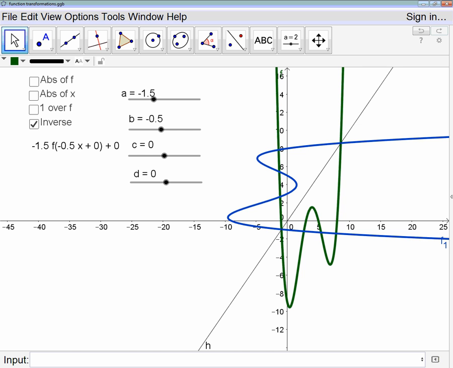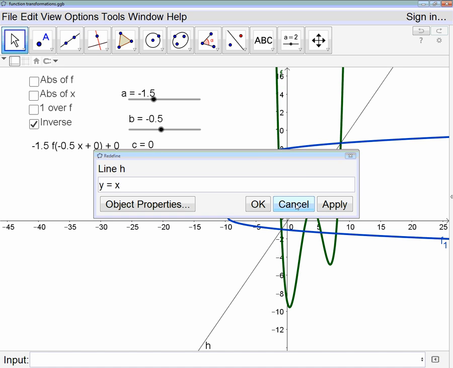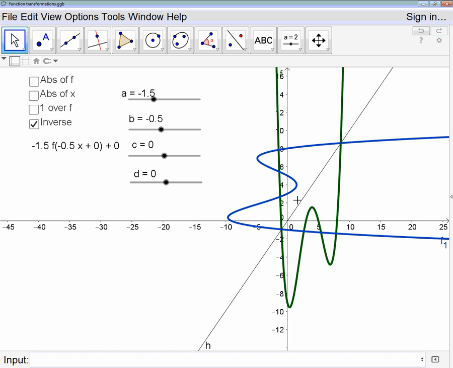It just gets really big, blows up really fast. But some interesting points. If you're lying on this diagonal line, y equals x, that means whatever value of x that you plug in, you get back out again. If I plug in 10, I get 10 out.